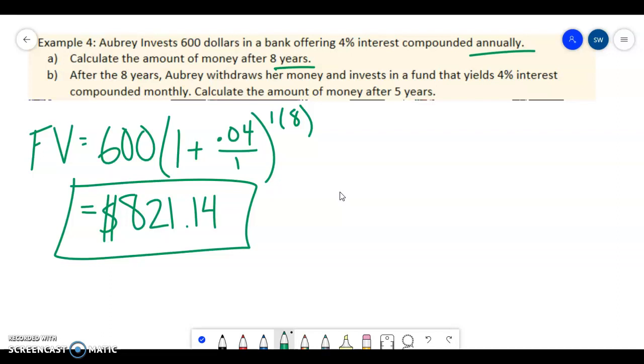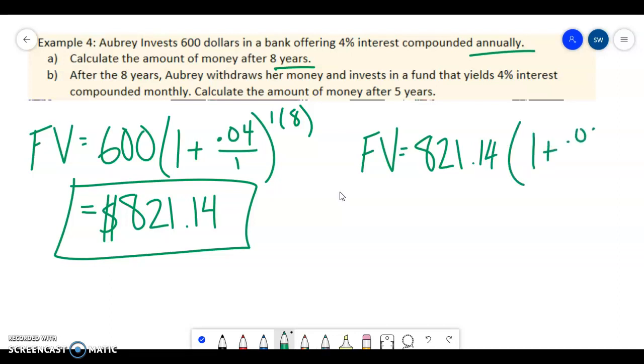Then it says after 8 years, Ms. Aubrey takes her money out and invests in a different fund that's 4% compounded monthly. So our future value would be our new money amount times 1 plus 0.04 over 12, because it's compounded 12 times per year, and then to the 12t.